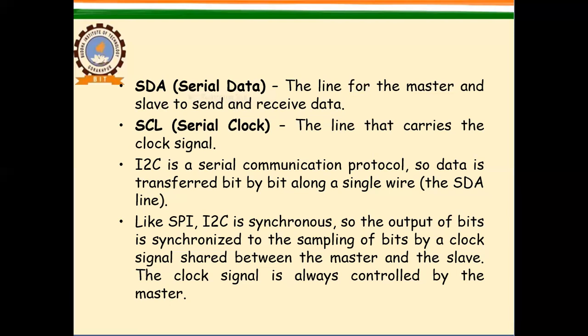Means the clock is used here to synchronize between whom? Between master and slave. Until the synchronization takes place, the transmission cannot take place. The transmission or reception is not going to take place between master and slave. So the clock signal is always controlled by the master, as in the case of SPI also.